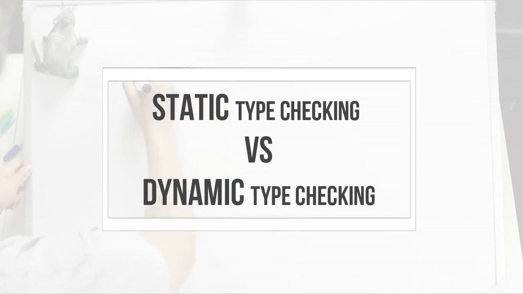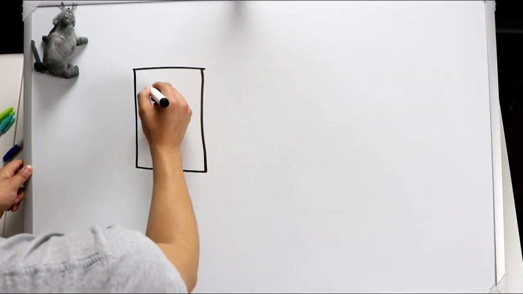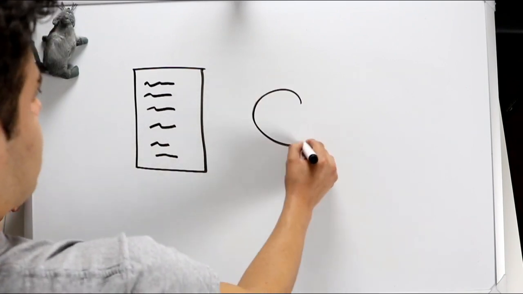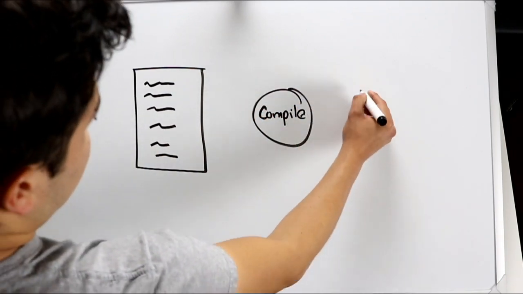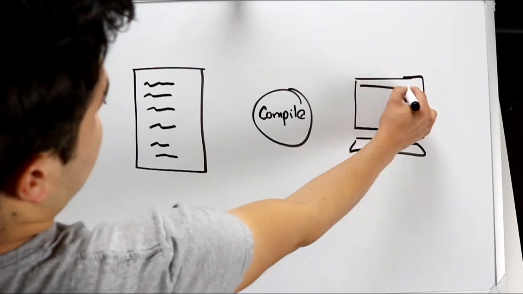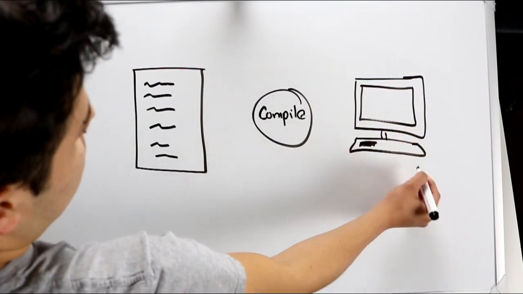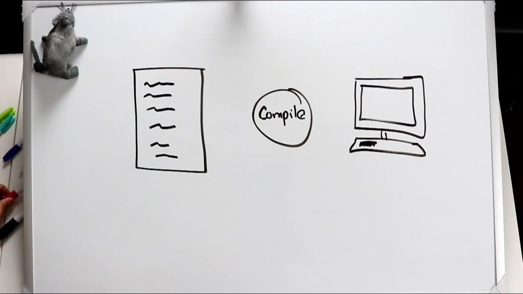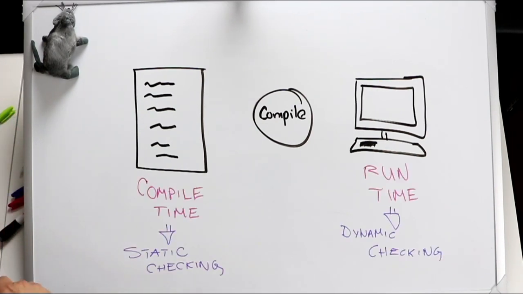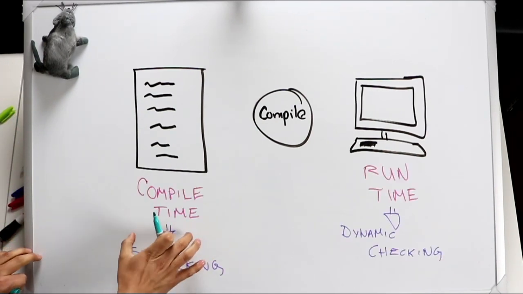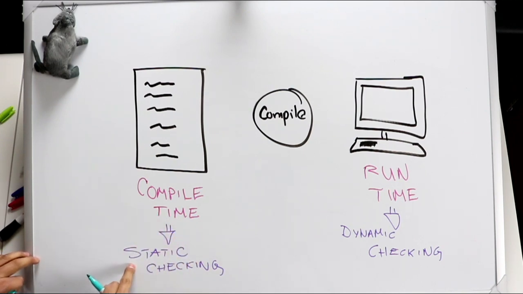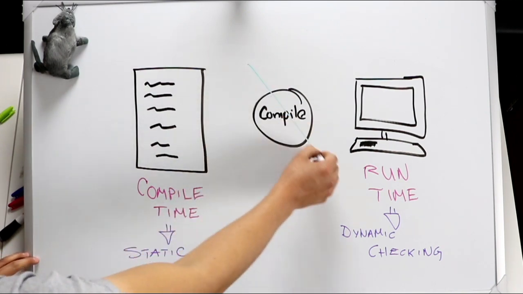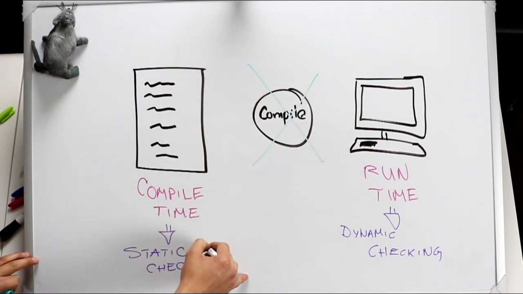Static versus dynamic type checking. Okay, now we're gonna check what is the difference between static and dynamic checking. In order to understand the difference between these two concepts, here we have the code, which is on the left side, and then this code is going to be compiled so that it's finally run in our computer. During the compile time is when the static type checking happens, because the errors that are found during this time are preventing the code from being successfully compiled.